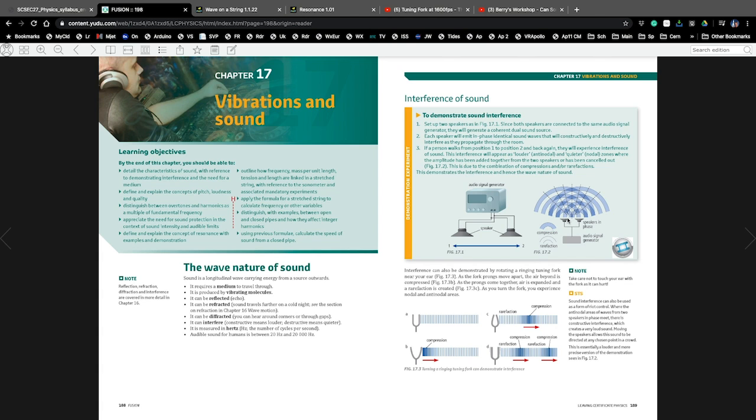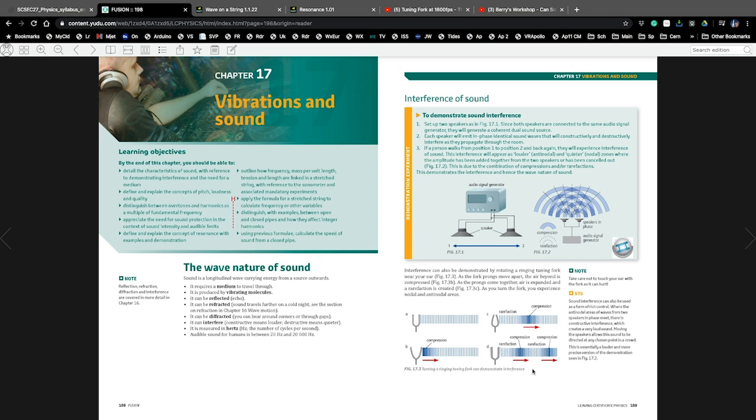So the waves spreading out cause interference patterns, and if you look up StudyClix, you'll see this has been asked before in Leaving Cert questions: being able to describe this experiment, draw a simple diagram of it, and say what it shows and what it proves. Okay, so interference of sound produces these loud and weak notes as we move in front of the 2 speakers, proving that sound is indeed a wave.